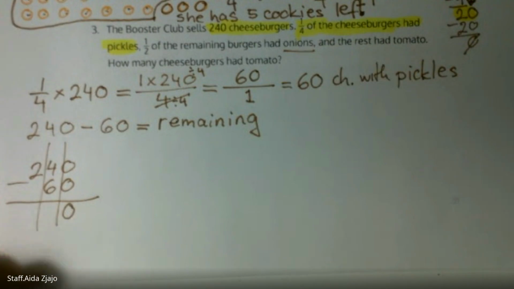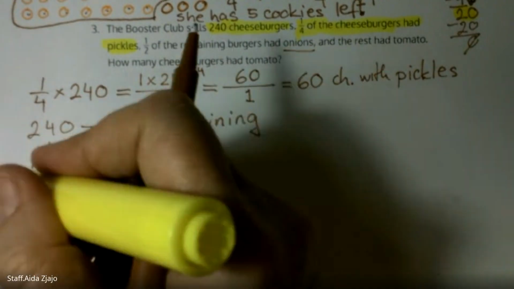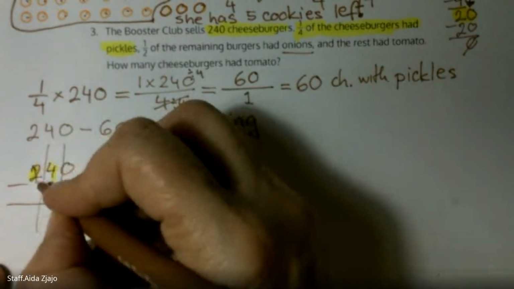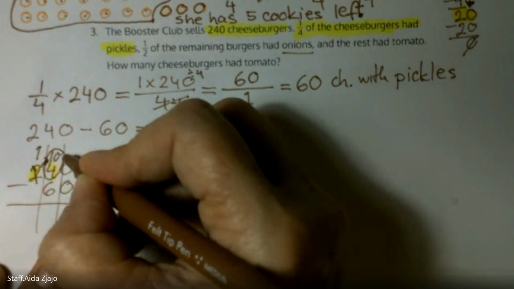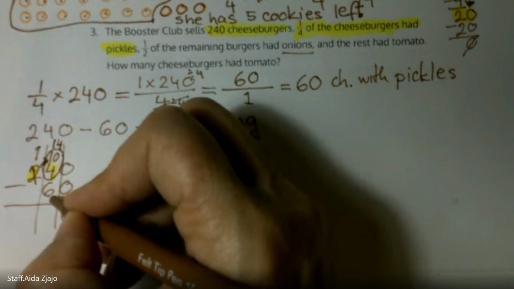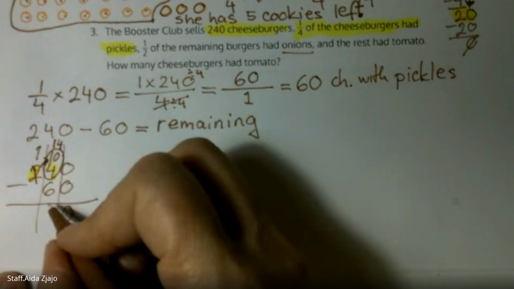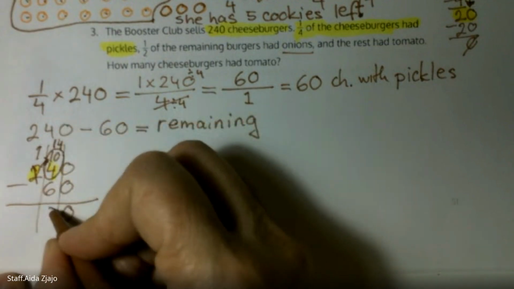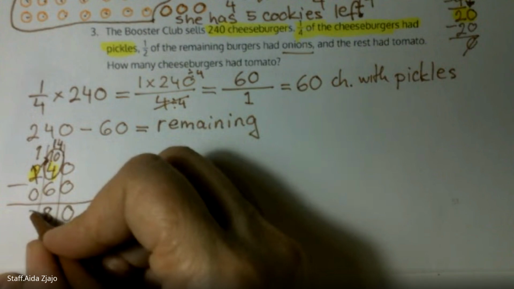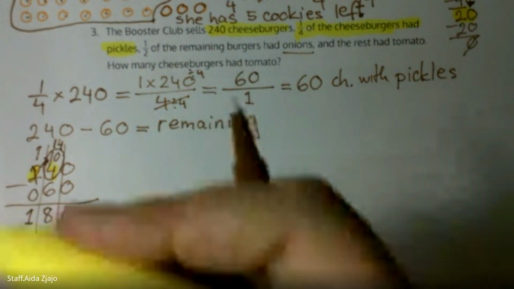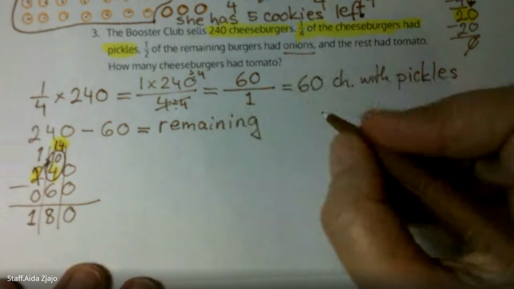And you cannot take 6 from 4 tens, so you have to regroup the 100 and make it 10 tens, which will make 14 tens. 14 minus 6: what number plus 6 makes 14? That is 8, because 8 plus 6 is 14. And 1 minus nothing leaves 1 hundred, so the answer is 180. So remaining is 180 cheeseburgers.